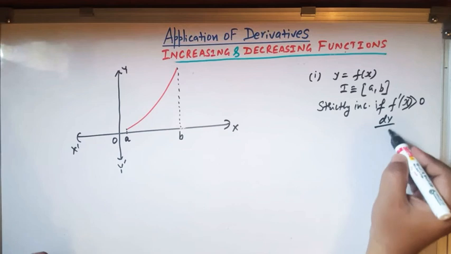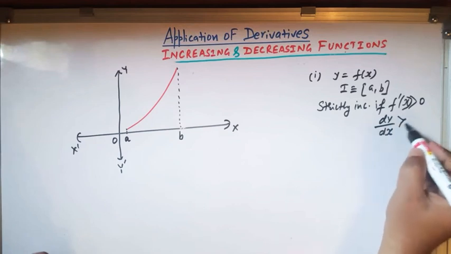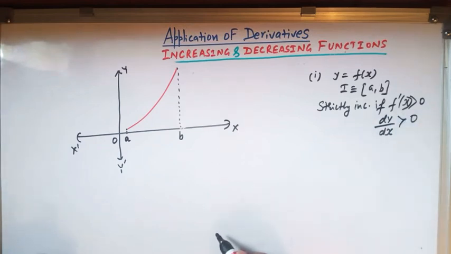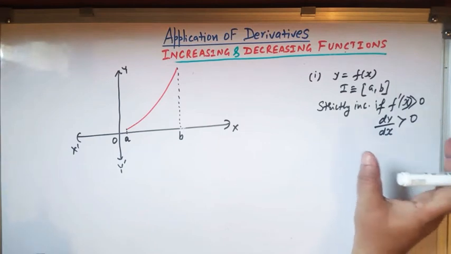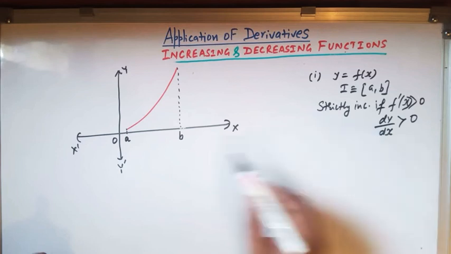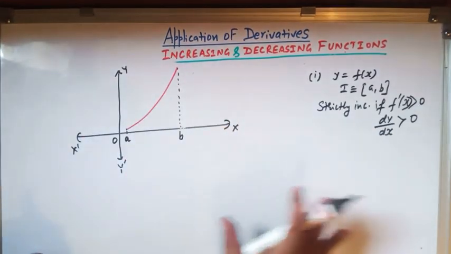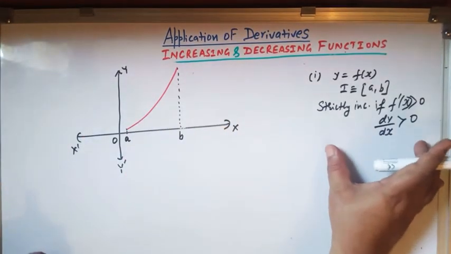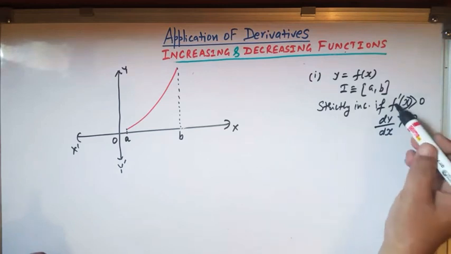Or the derivative dy by dx is greater than 0. This we have discussed just now, and with the help of this graph we'll try to explain this result.